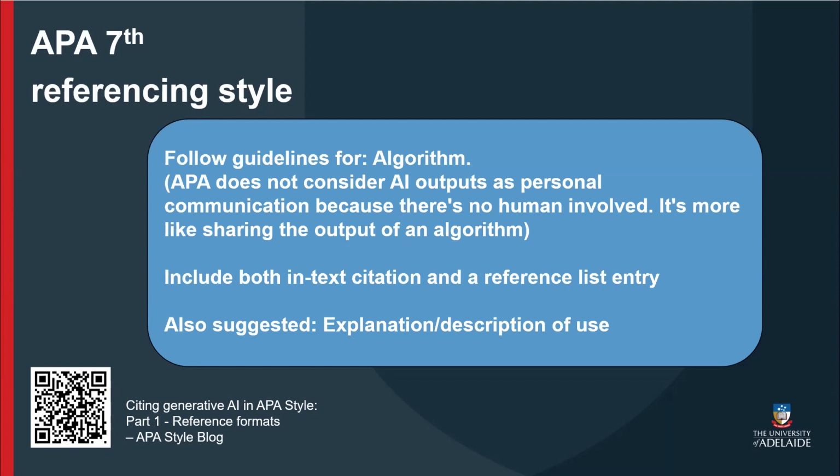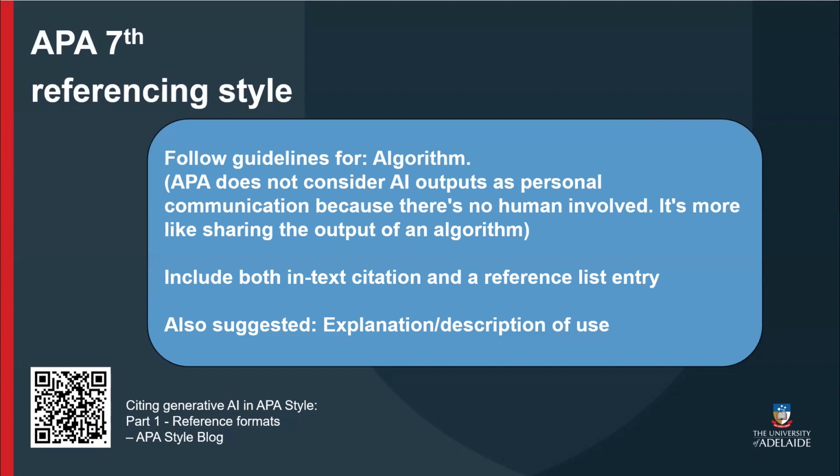So APA's approach is a bit different from Harvard's. You need to include both an in-text citation and a reference list entry. So they recommend combining it with an acknowledgement as well of how AI was used too. So a really comprehensive overview of how AI has impacted on whatever the assignment or assessment that you're using.